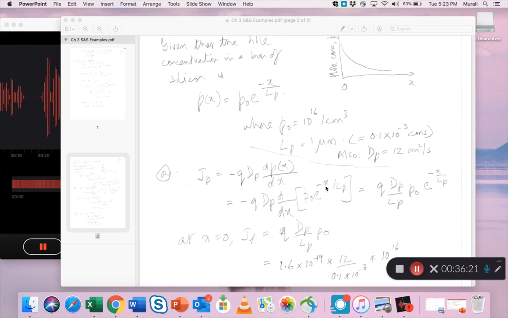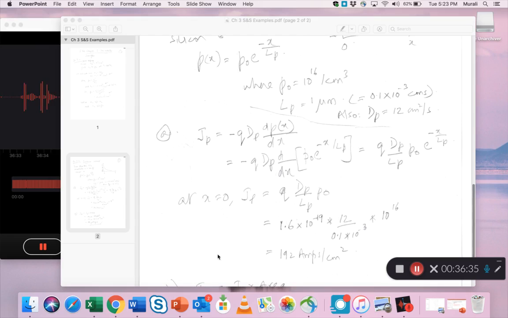Minus 1 by Lp comes out when you differentiate, and then the same exponential function comes back in. So we have an expression for Jp, the current density for the p-type element.